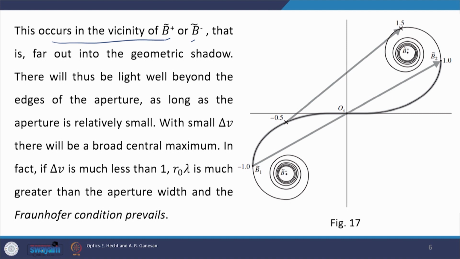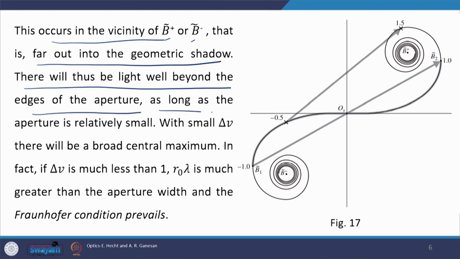And this will happen far out into the geometric shadow, which is very much clear. Now, there will thus be light well beyond the edges of the aperture as long as the aperture is relatively small.